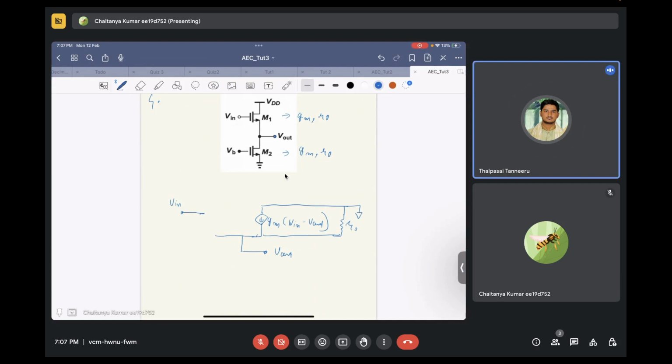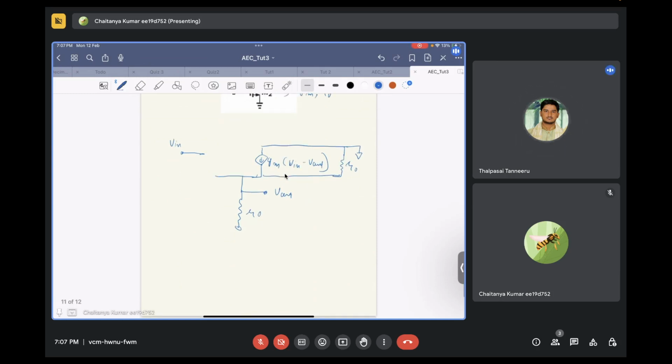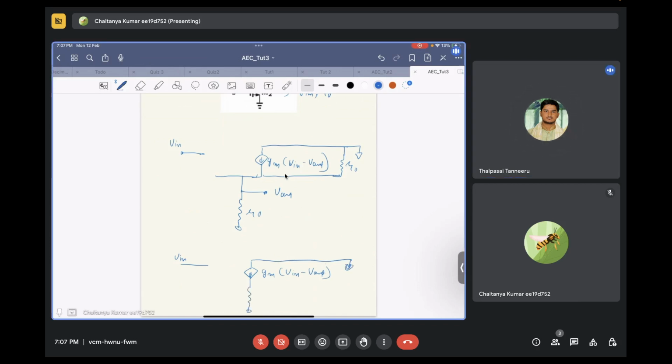It will just be r_o; let's call it r_o only. So it's basically like the common drain configuration you have done. There should be no voltage drop across r_o parallel with r_o, and there will be r_o by 2.